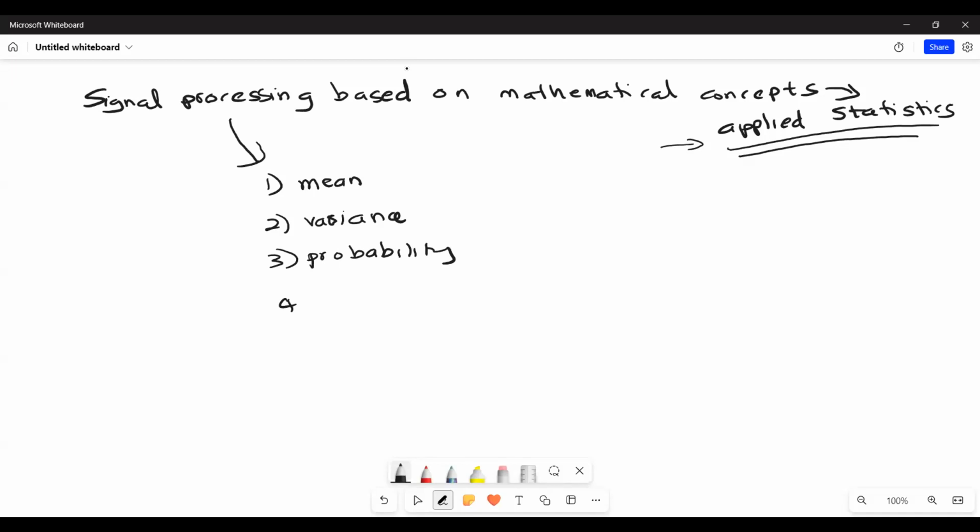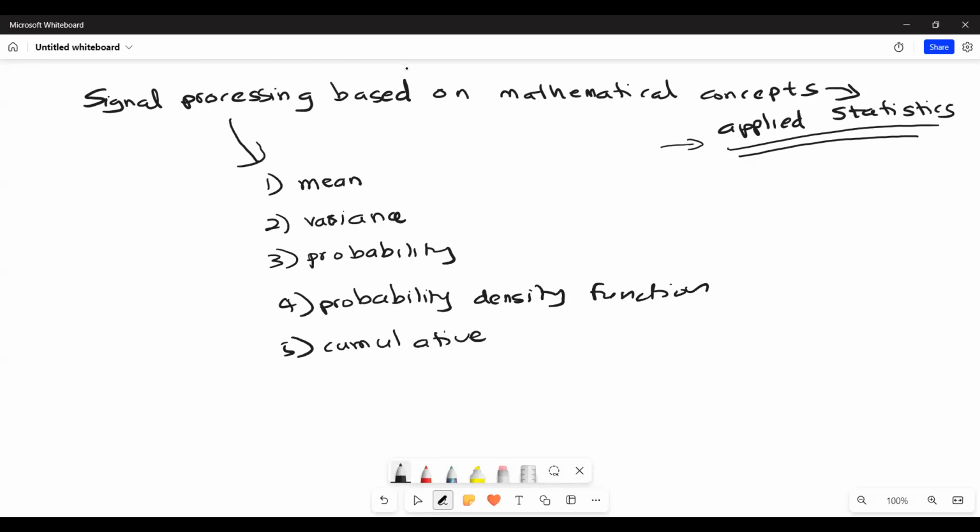We'll be talking about the probability density function, right? Then we have the cumulative density function, which we call the cumulative distribution function.